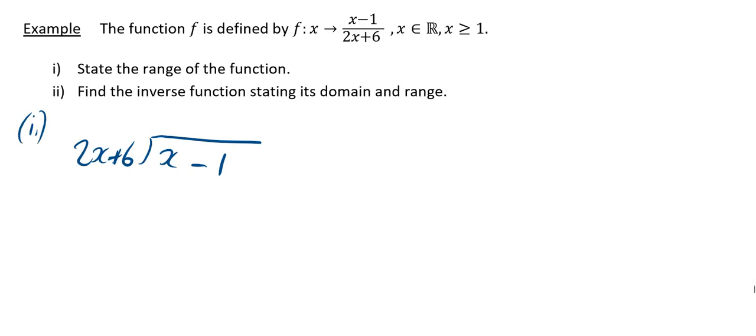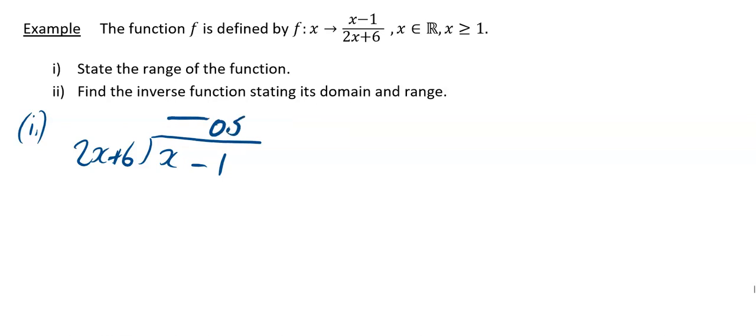So I've just set out my division sum, and I'm going to just divide. So I'm dividing my x minus 1, my numerator, by my denominator, which was 2x plus 6. Now to do this, I'm going to think, how many times does 2x fit into x? Or a better way of saying it is what I need to multiply 2x by so that it becomes x. So 2x would need to be multiplied by 0.5 to become x.